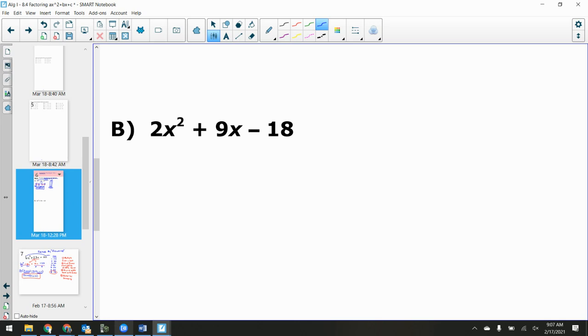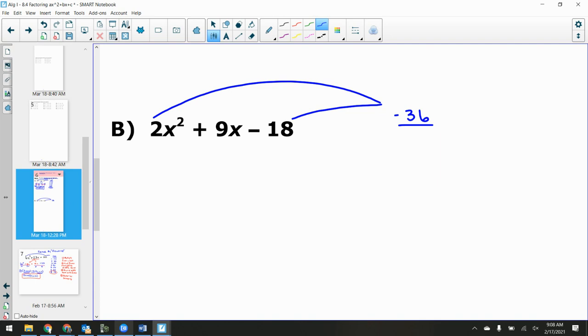Okay, what number am I going to try to find the factors of? Negative 36. 2 times negative 18 is a negative 36. Okay, so first step, multiply first and last. Second step, find the factors of that number that add together to get the middle number.